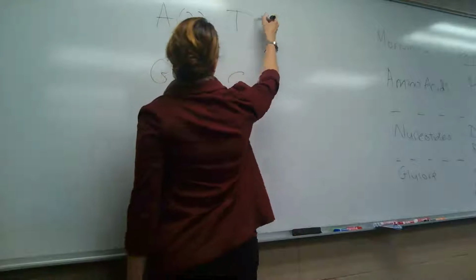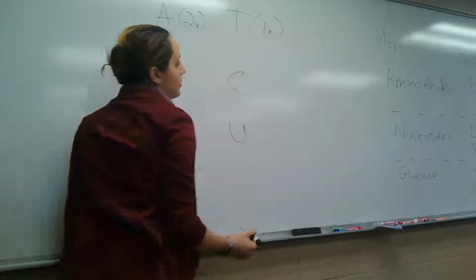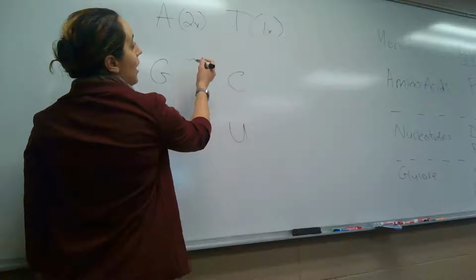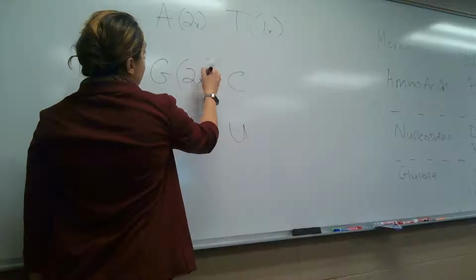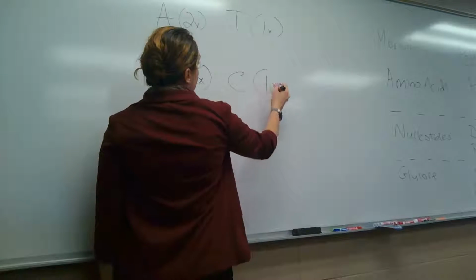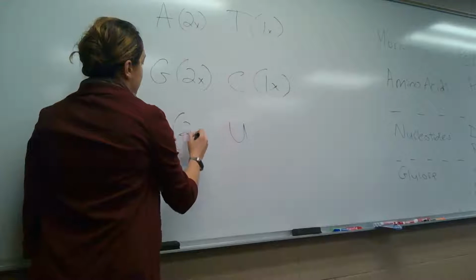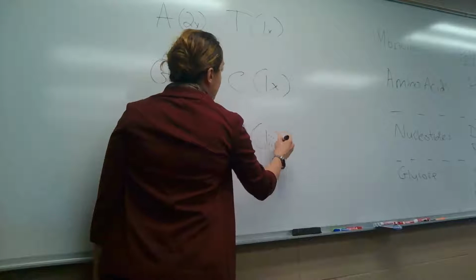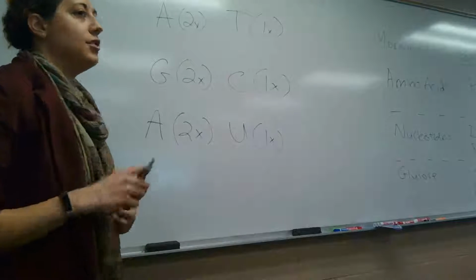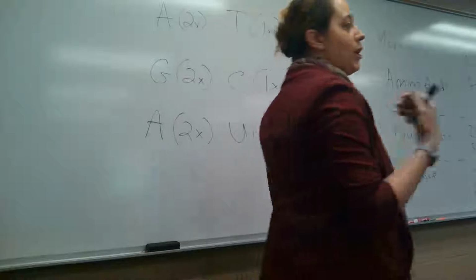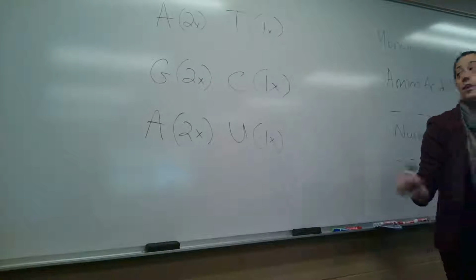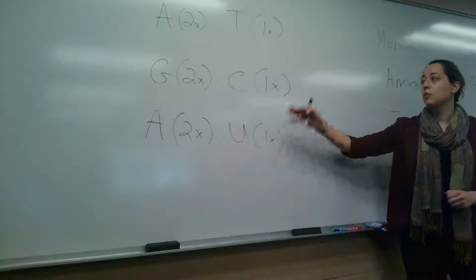For T, we have a single ring structure. For G, we have a double ring structure. And for C, we have a single ring. So in the base pairing, we always have a double ring with a single ring.